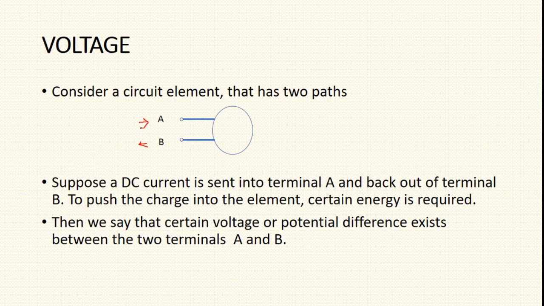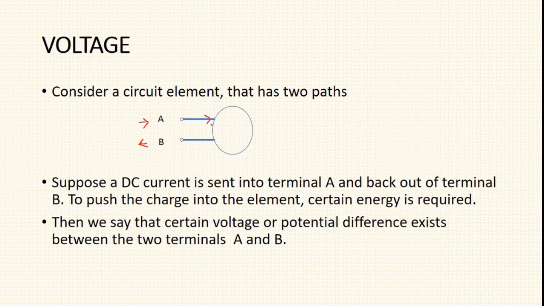I'm going to send a DC current through the terminal A, and the same current is going to come out of the element through the terminal B. Now if I want to make this current flow into the circuit element, I must have some energy. Only if I have some energy can I push the electrons into the element. What is current? Current is nothing but flow of electrons.